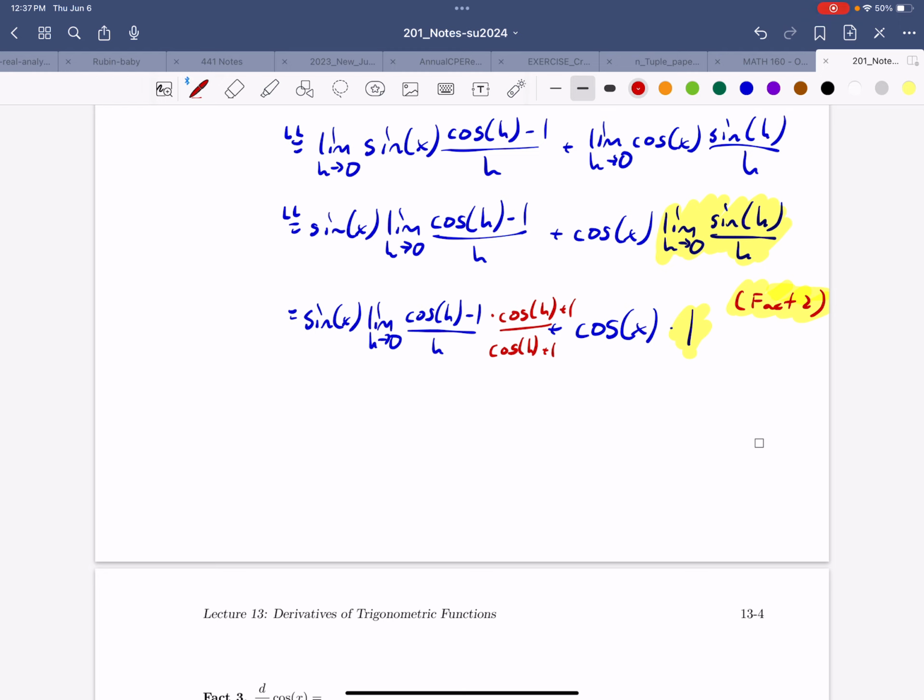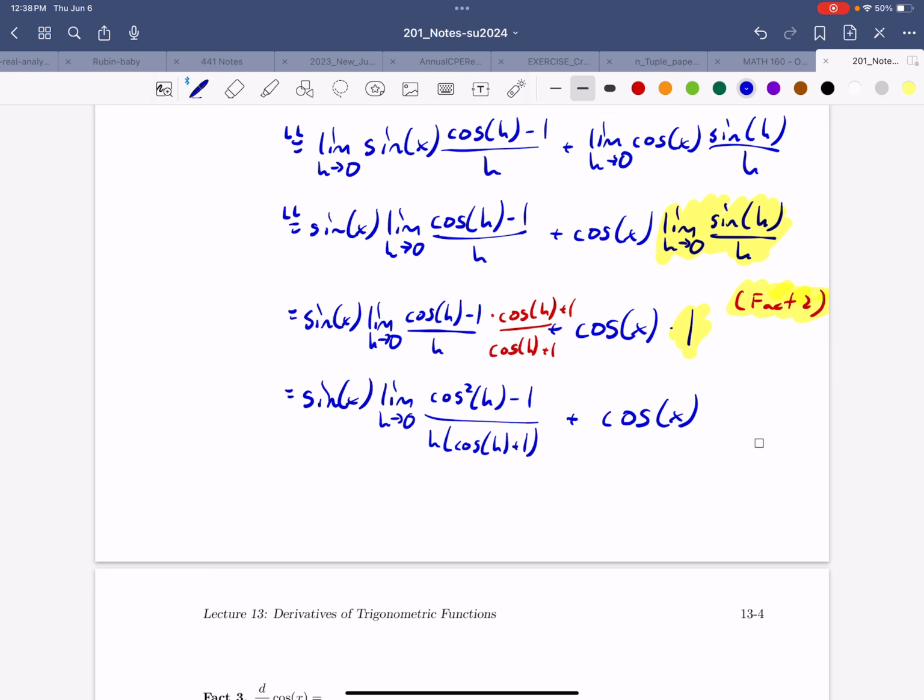Conjugate using trig function totally works. You can use the conjugate of anything. Anyway, this is going to wind up giving us sine of x times this limit, and when you multiply it all out, you get cosine squared of h minus 1 all over h times cosine of h plus 1. And then this is going to be over here separately on the side, cosine of x.